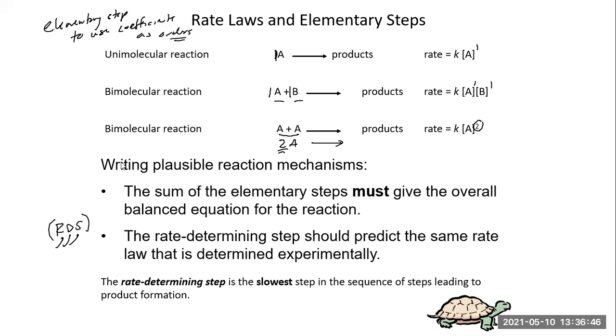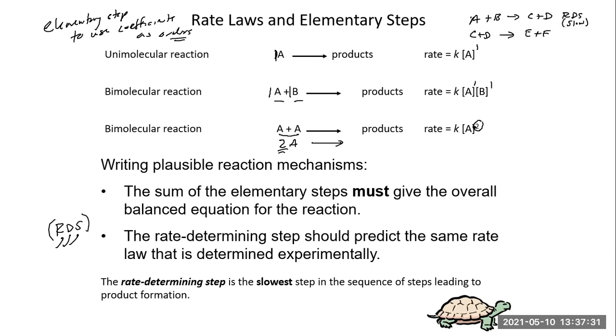Let me do my made up example. Let's say we were looking at a mechanism like A plus B goes to C plus D, and C plus D goes to E plus F. And let's say that the first step is our rate determining step, our slow step.